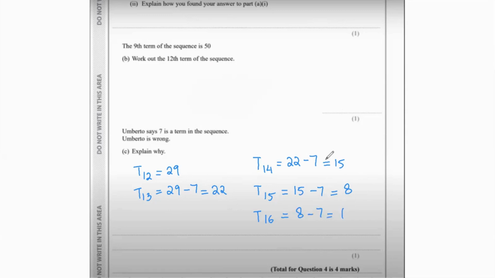So as you can see, Umberto is wrong because throughout the sequence, we did not reach 7, we reached 8. So 7 is your term-to-term rule, because you're subtracting it.